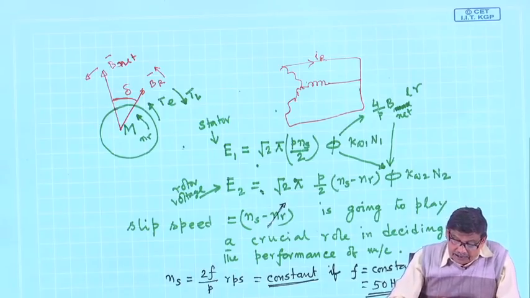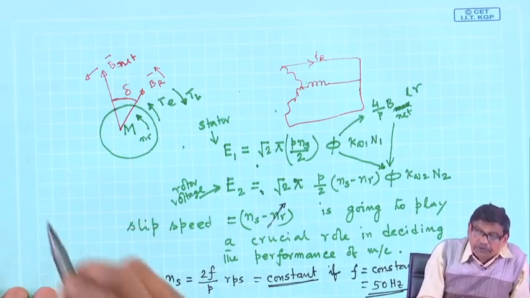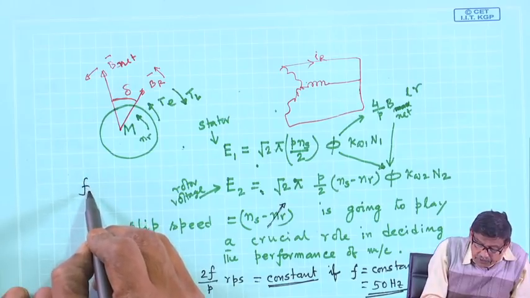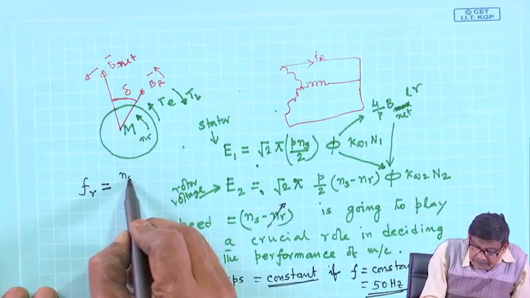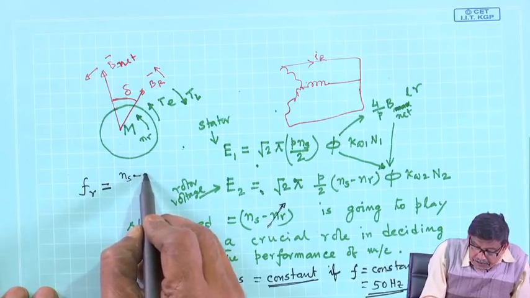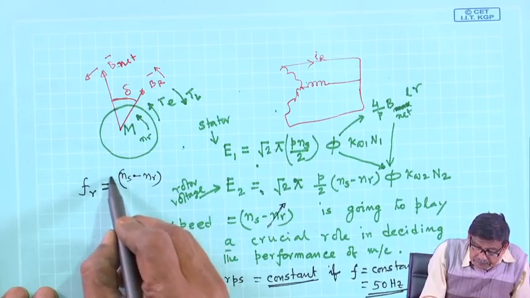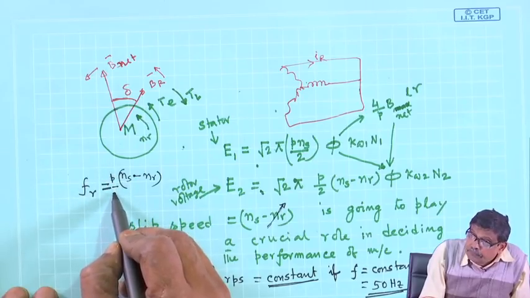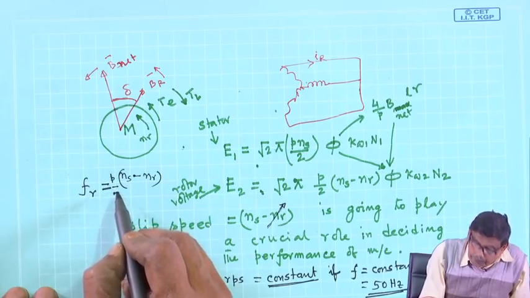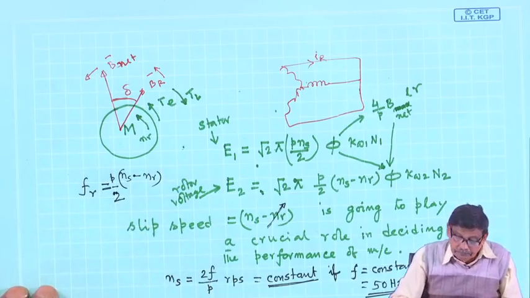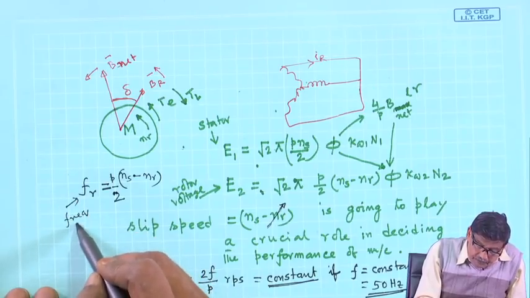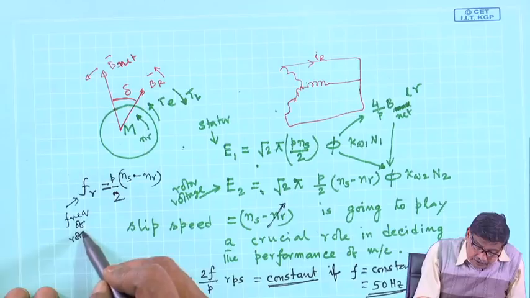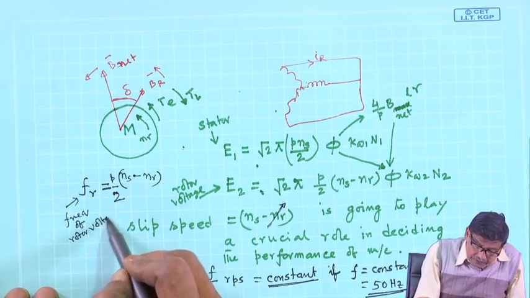Not only that, that will also decide the frequency of the voltage in the rotor circuit or current, which is Ns minus Nr into P by 2, that is, frequency of rotor voltage and rotor current.